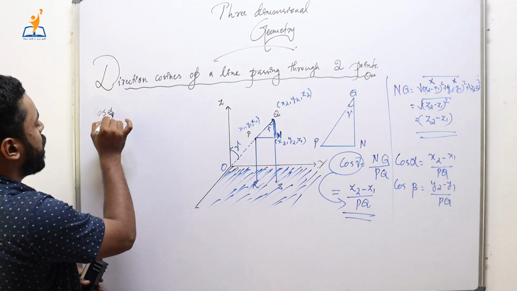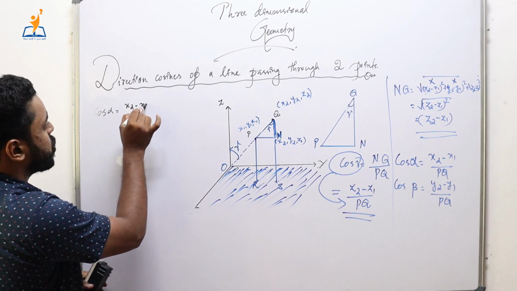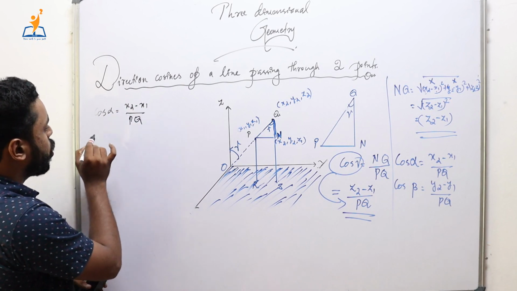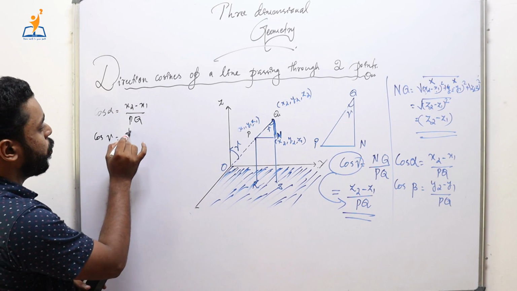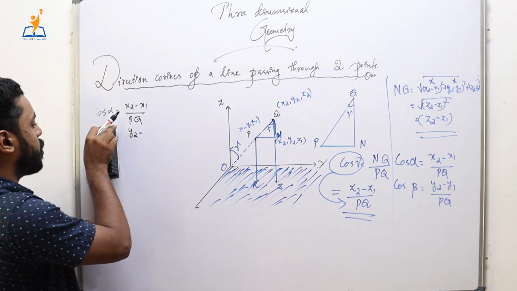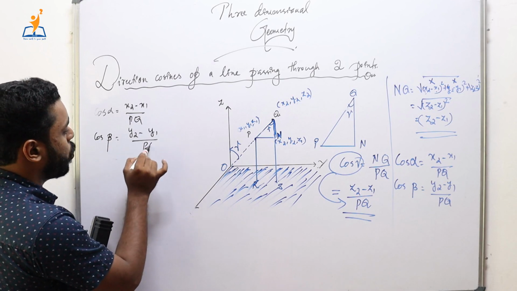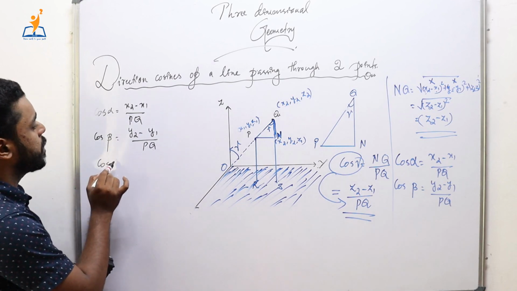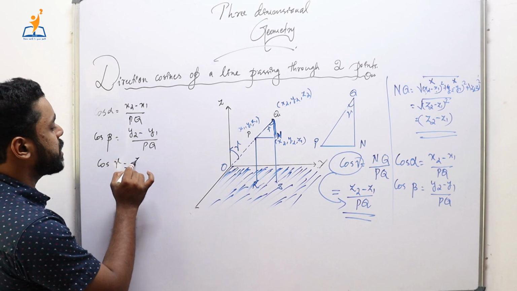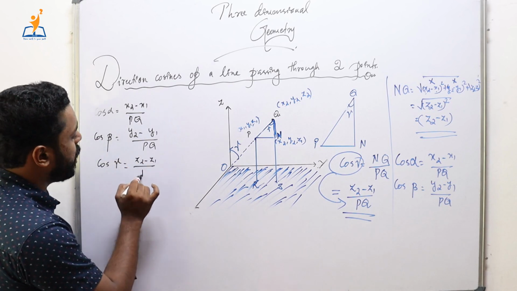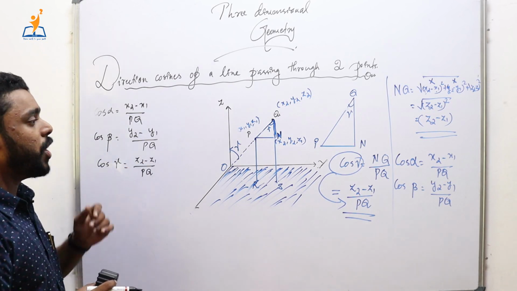Cos alpha is equal to x2 minus x1 divided by PQ, cos beta is equal to y2 minus y1 by PQ, and at the last, cos gamma is equal to z2 minus z1 by PQ. What is PQ?